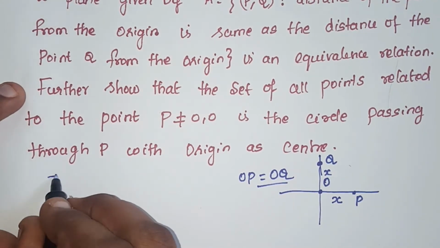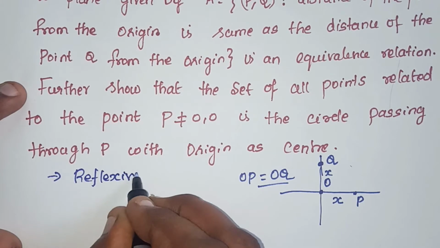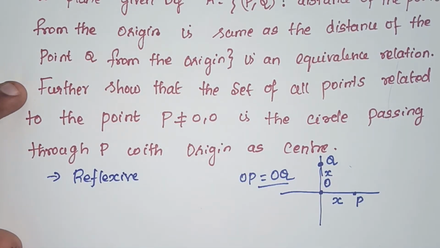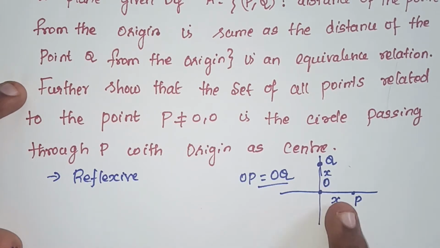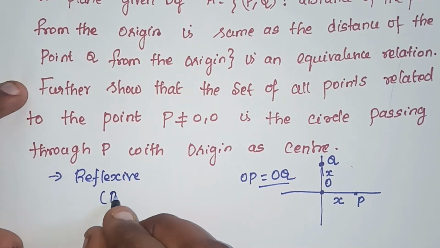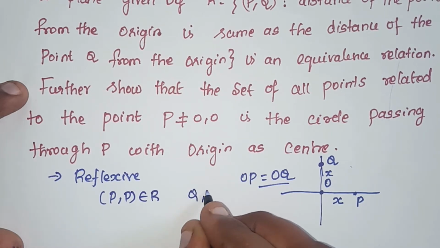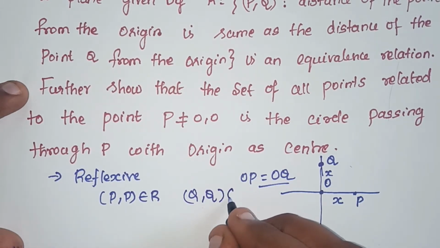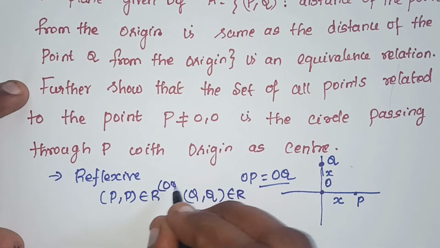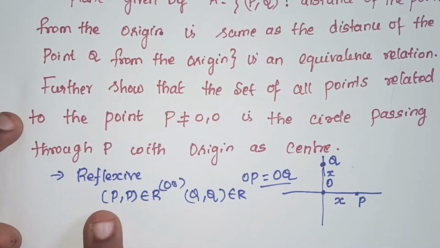First we need to prove reflexive. What is meant by reflexive? Each element should be related to itself. In this given, there are 2 points, P and Q. If it is reflexive, then (P, P) should belong to the relation, or (Q, Q) should belong to the relation. Each point should be related to itself.